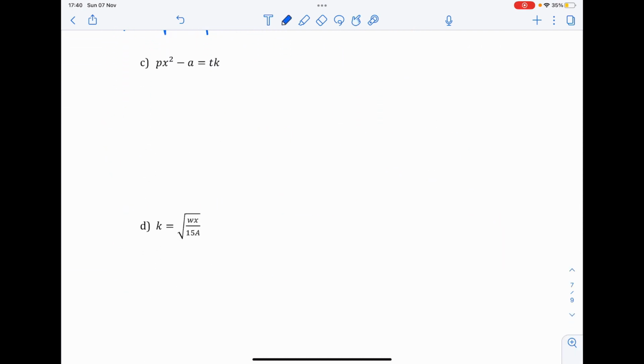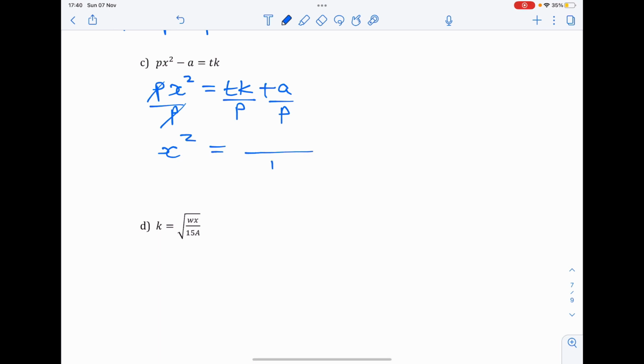So in this next example, px squared minus a equals tx. First we want to get rid of whatever is not with the x, which is the a, so tx plus a. Then we want to get x by itself, so we divide everything by p. Those cancel, so x squared equals tx plus a over p.